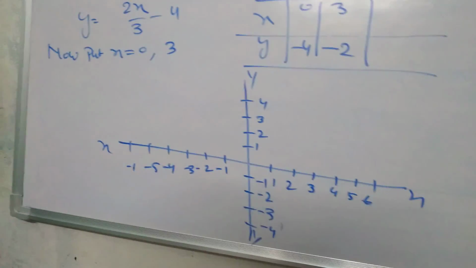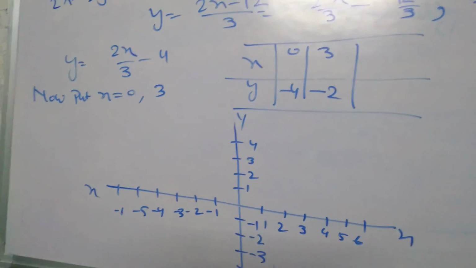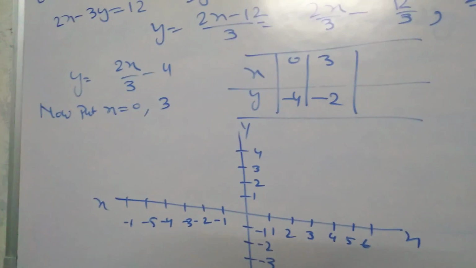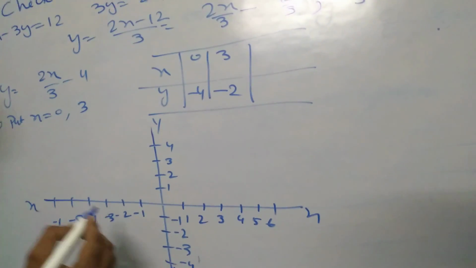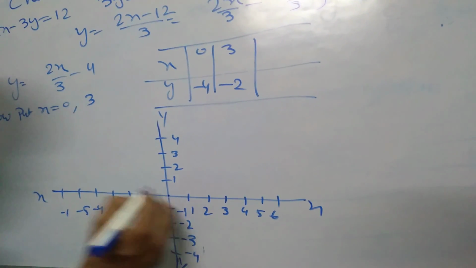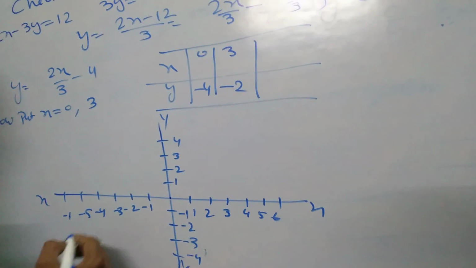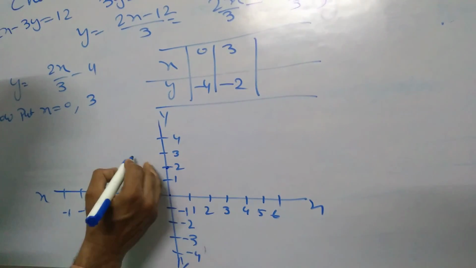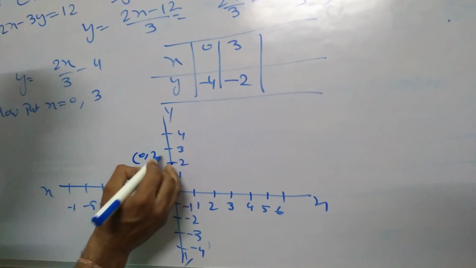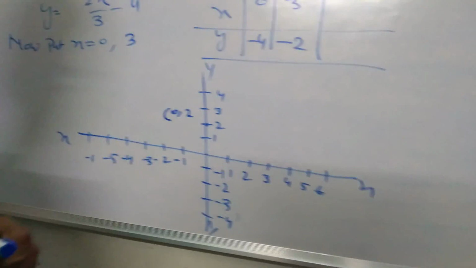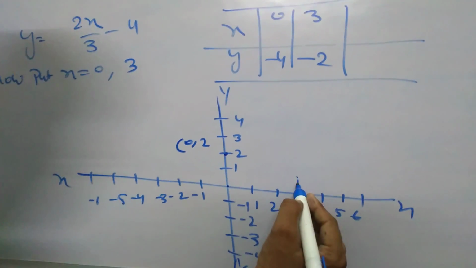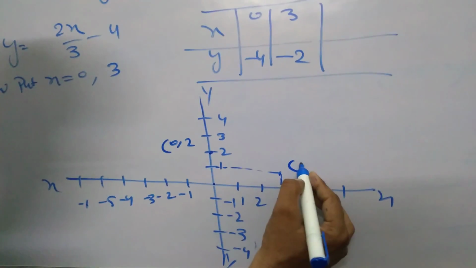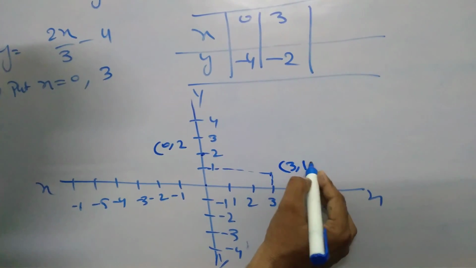Now take the point. x equal to 0, y is 2, so (0, 2). And at 3, 1. This point (3, 1).